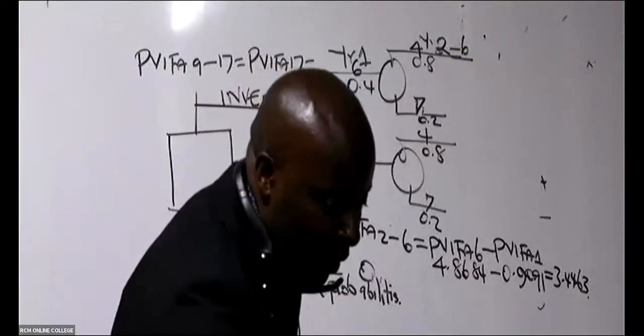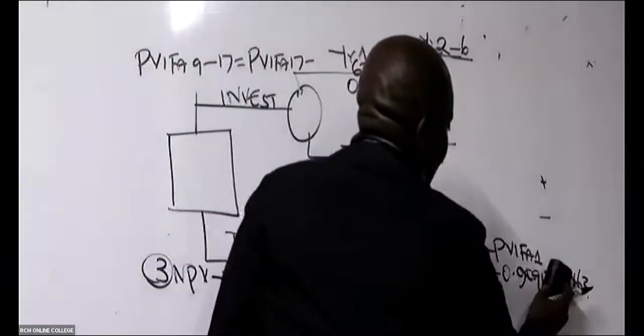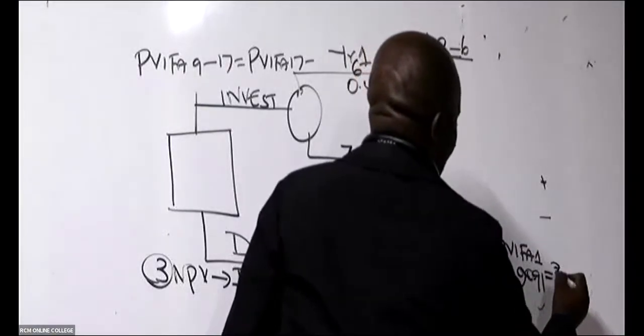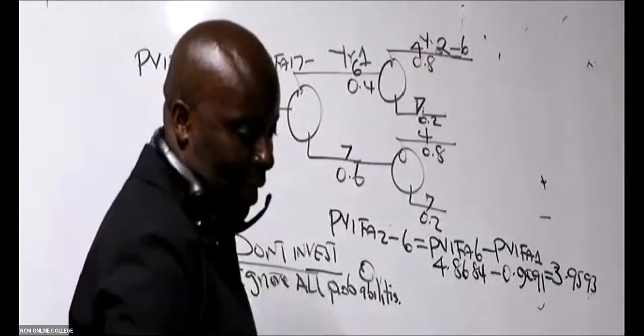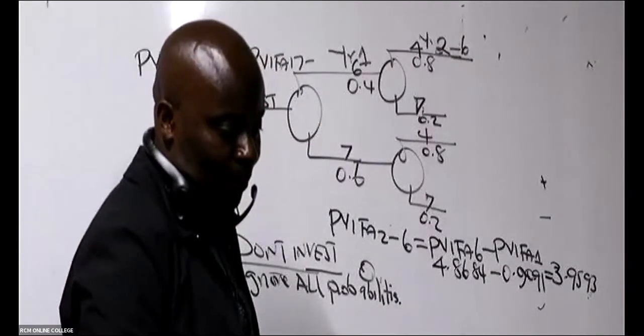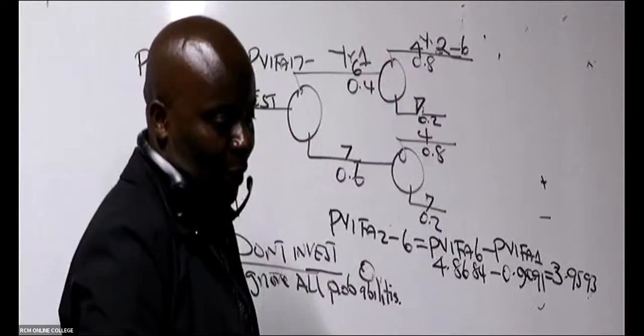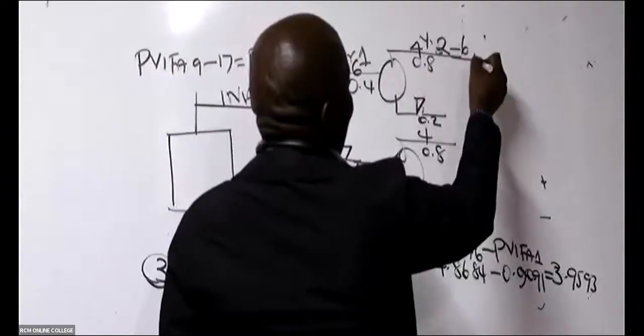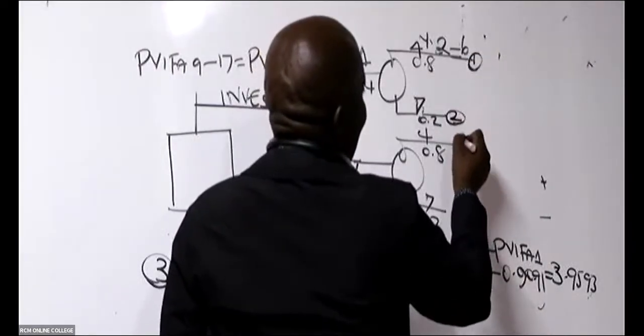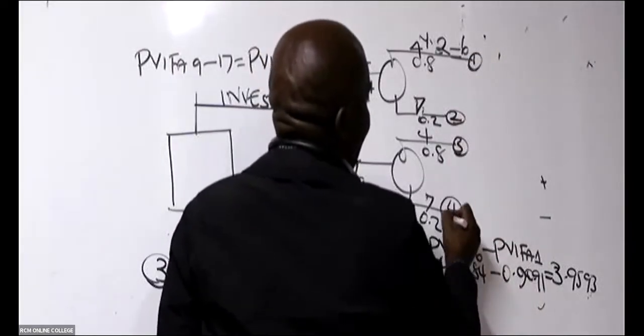Somebody is telling me it's 3.9593. Be careful. Thank you so much. So for us to get these NPVs, this is number 1, number 2, number 3, number 4.